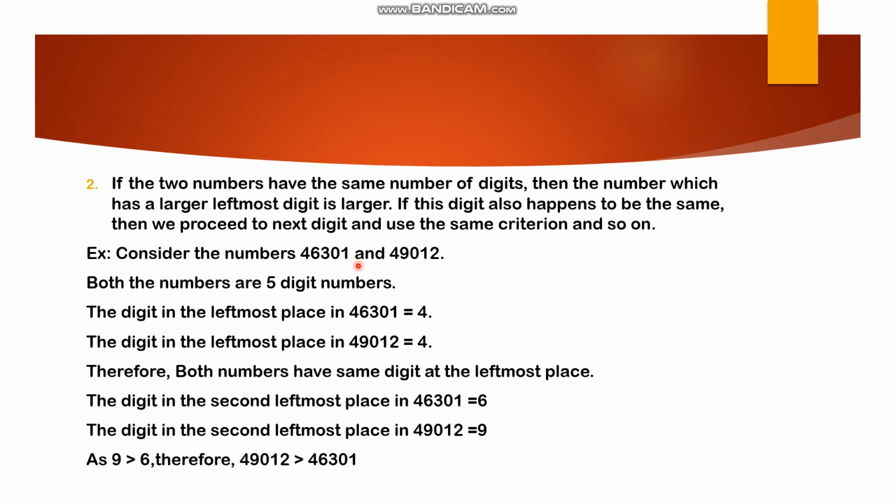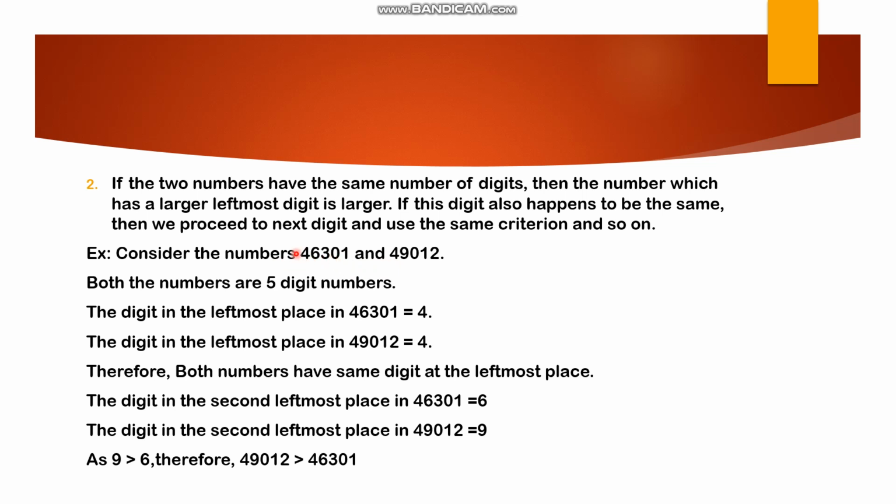Both are 5 digit numbers. So we have to follow the second procedure. That is, you check the leftmost digit of these numbers. Which is the leftmost digit? That is 4 here, and here also it is 4. Now these two numbers' leftmost digits are the same.